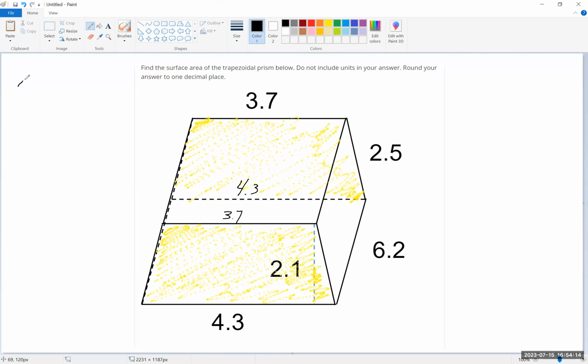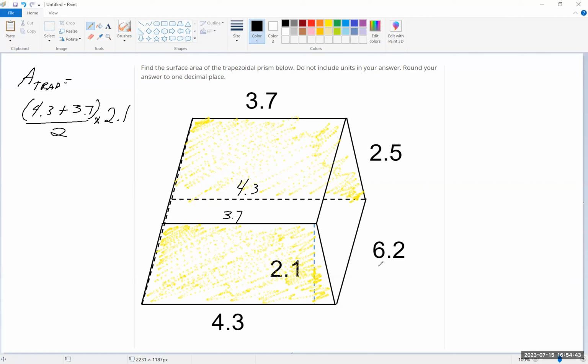So the area of the trapezoid is base 1 plus base 2 divided by 2 times the height, which is 2.1. That's the trapezoid.